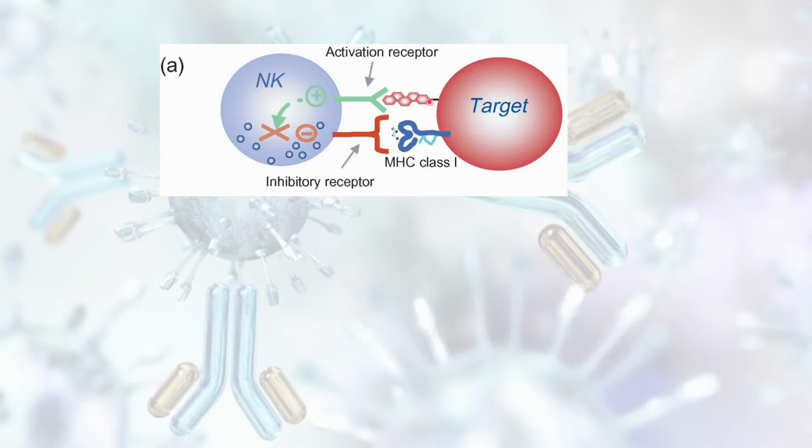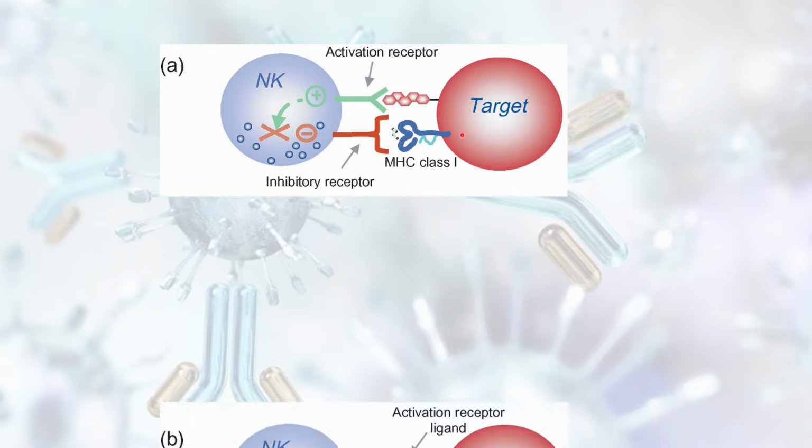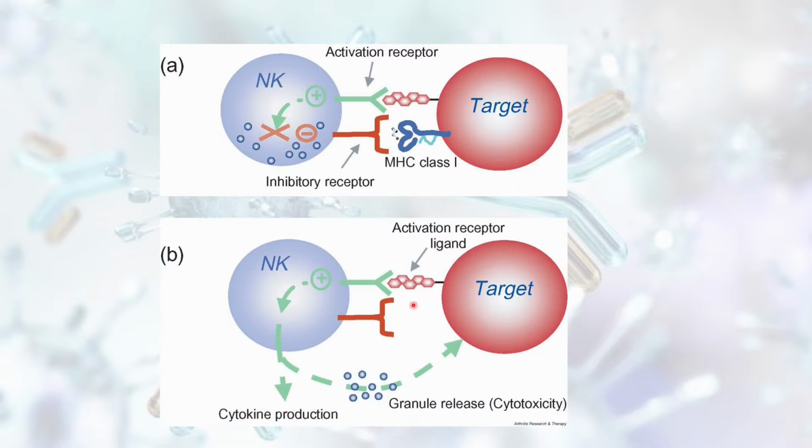So we have an activation receptor and we have an inhibitory receptor which inhibits the NK cell from attacking as long as MHC class 1 is still there. Once MHC class 1 disappears or is down-regulated, the activation signal is now active, nothing is inhibiting it, and then the NK cell will try to kill this cell.